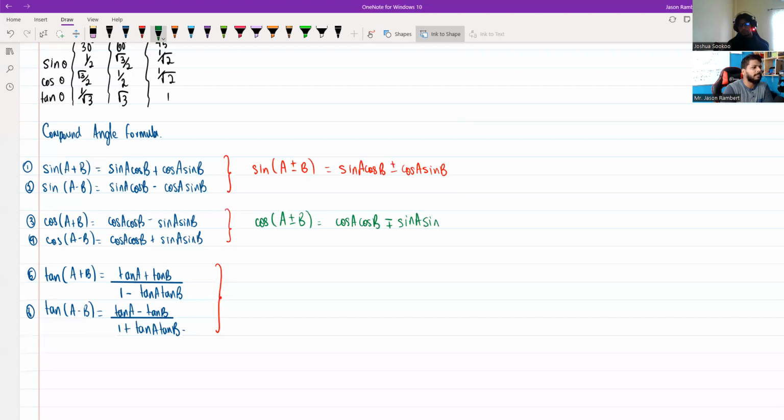Sine A sine B. And finally, tan of A plus or minus B is tan A plus or minus tan B over 1 minus or plus tan A tan B.